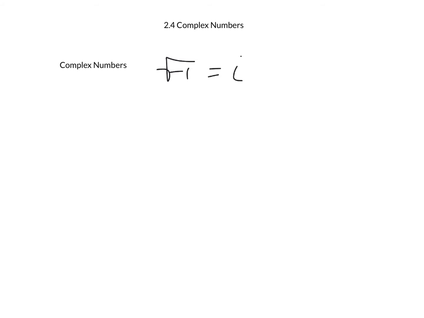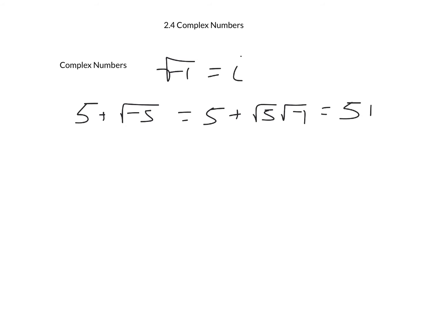Square root of -1 is equal to i. So anytime we're simplifying these, let's say if we have 5 plus square root of -5, we can write this as 5 plus square root of 5 times square root of -1. Square root of -1 is, in fact, i.